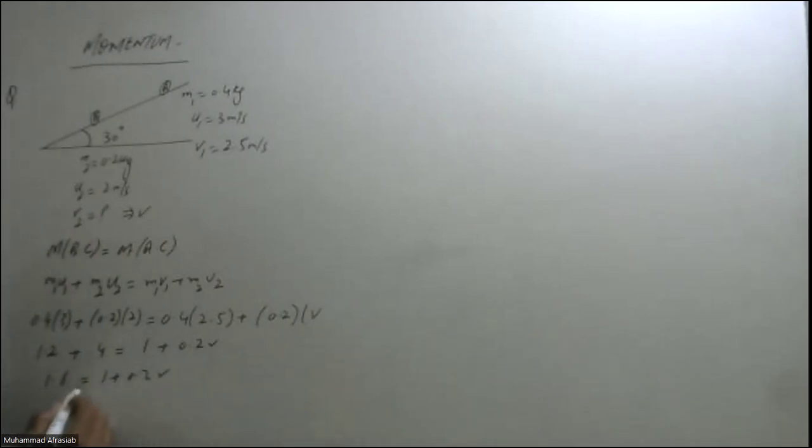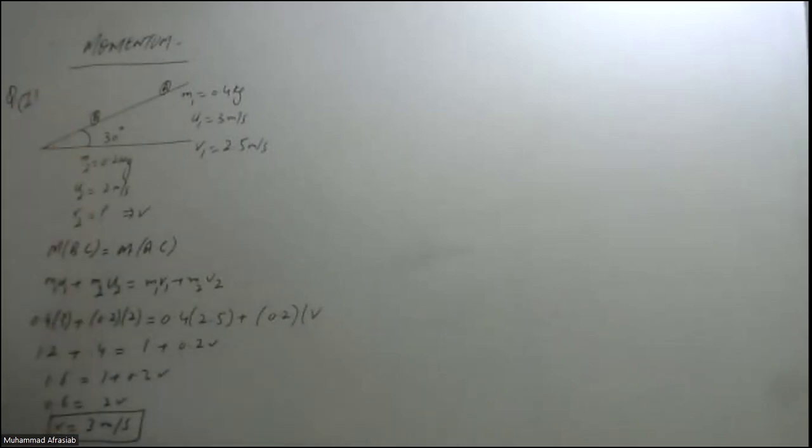So 0.6 is equal to 0.2v, or v is equal to 3 meters per second. This is the speed we had to calculate in part 1 of this question.